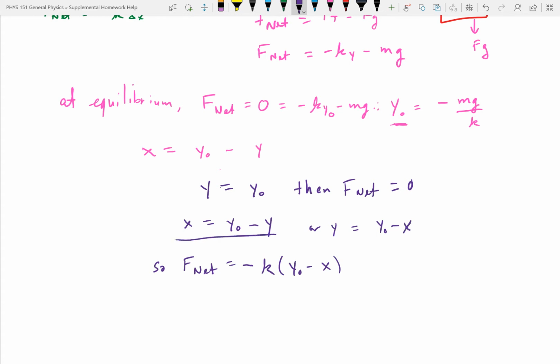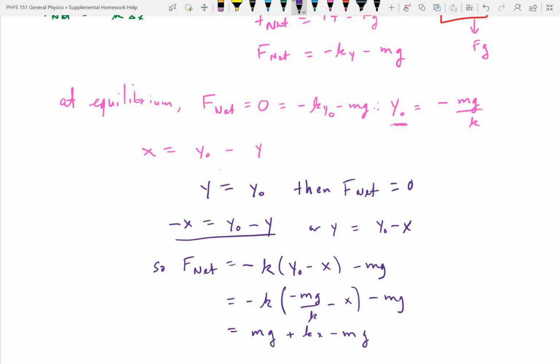So substituting that definition for x, you'll see in class I won't do it this way. I suppose I should have done the opposite sign. Darn it.